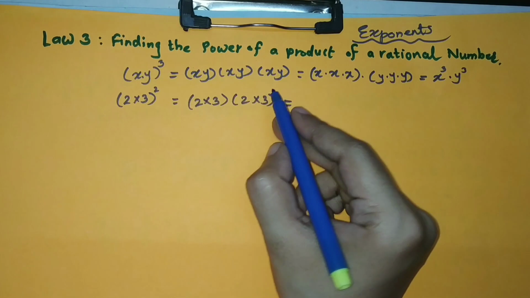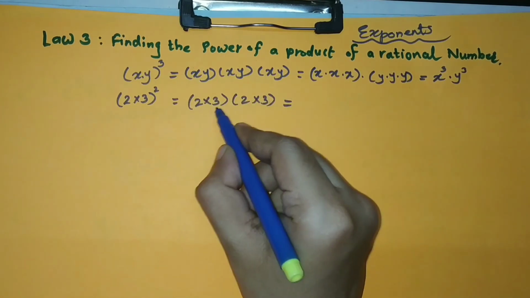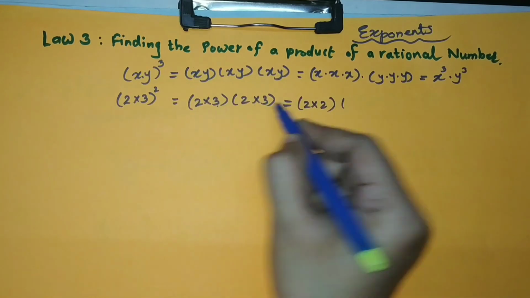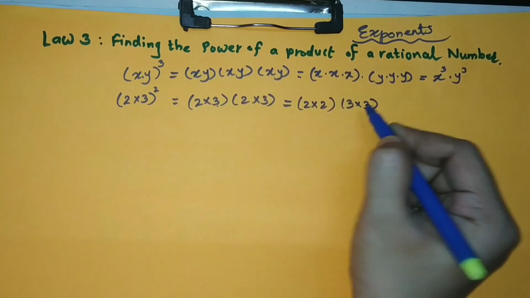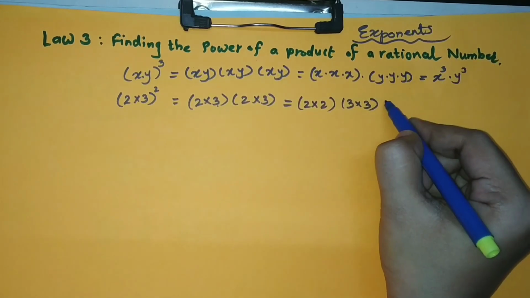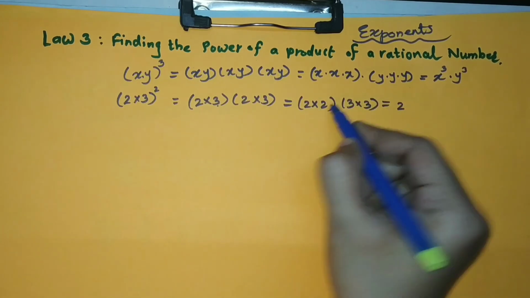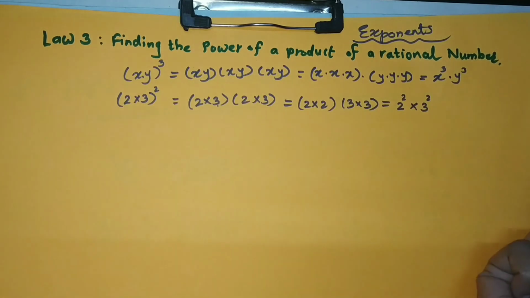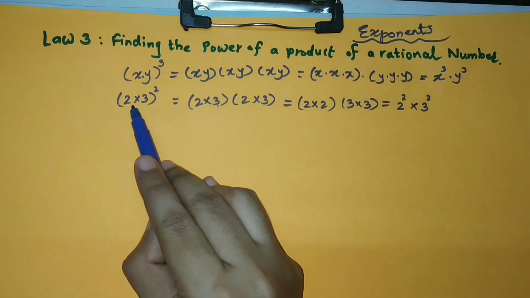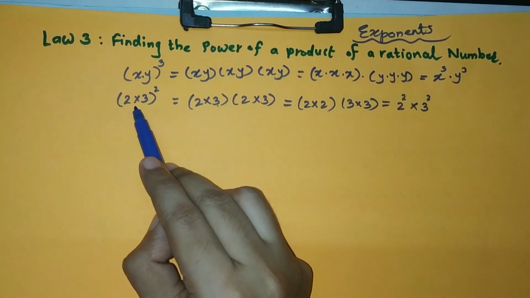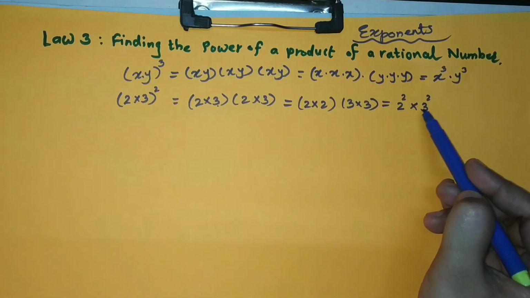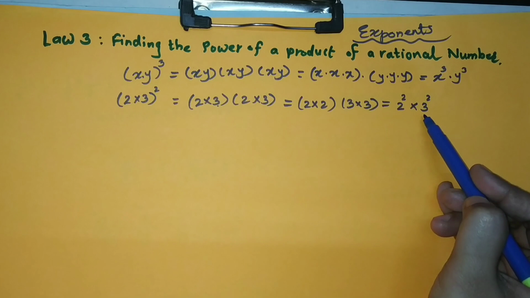So friends, you can write it individually, like we can make a bracket of 2's in one, and a bracket of 3's in one. Multiplication is commutative, you can write it like this. That is 2 times means 2 square, and 3 2 times means 3 square. So friends, here you can see it is a product of rational numbers, and this power you can give individually to 2 and also to 3.